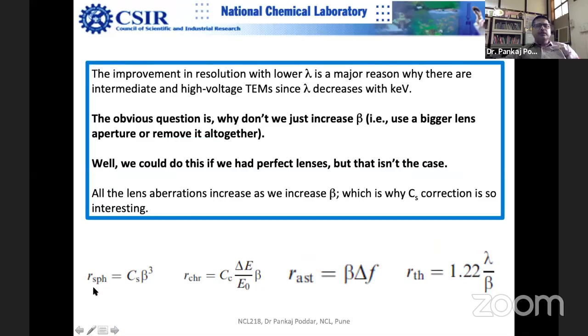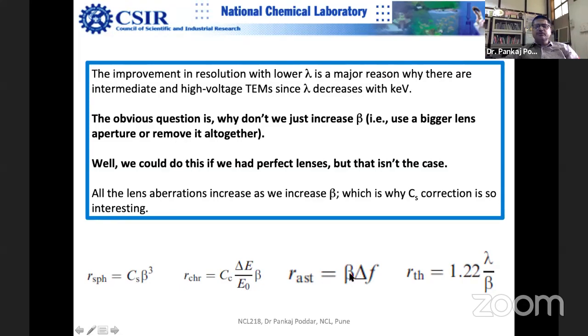Now we have all these equations. We'll put them together and review them one by one. So our disk, because of spherical aberration, remember that is proportional to Cs beta to the power 3. Chromatic aberration, again, you have a delta E factor here because that is very important, and then proportional to beta.